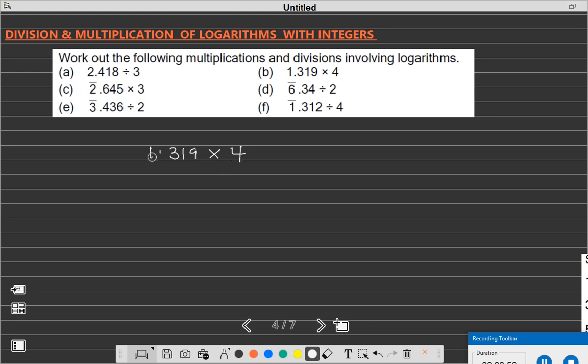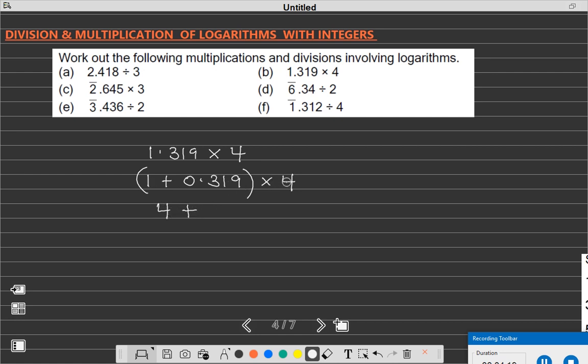I want you to know that we have a mantissa and a characteristic. Now the characteristic is 1. Then plus the mantissa is 0.319. So these 2 are multiplied by 4. So we shall multiply 4 with this first, and again you multiply 4 with the characteristic. Now when you multiply 4 with the characteristic, you get 4. 4 times 1, you get 4.